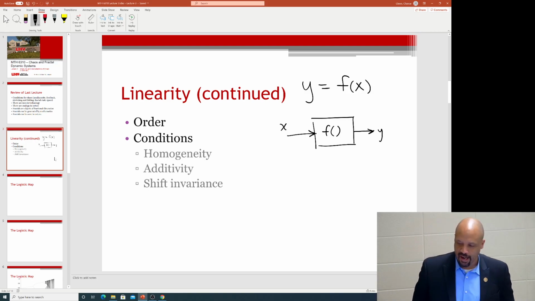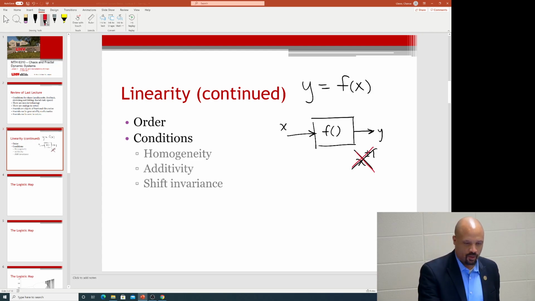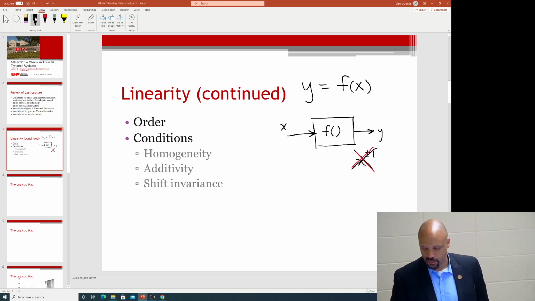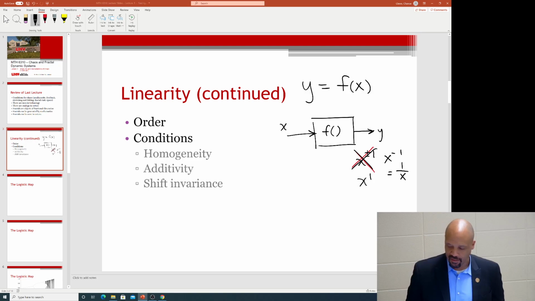Now, I said for linearity, this function must have x not vary. I said order plus and minus 1, but that's wrong. The order should be just x to the 1, right? Because x to the minus 1 is equal to 1 over x, and that is not linear.